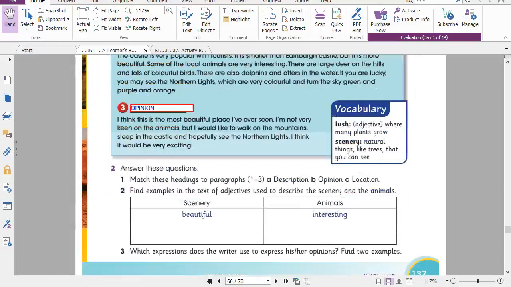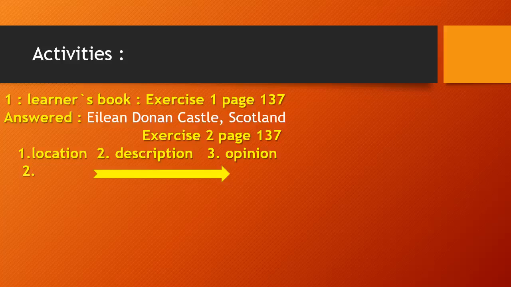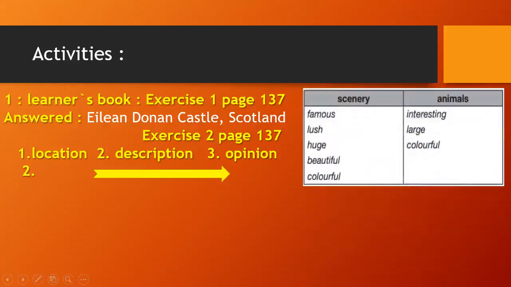Exercise number 2, point number 2. It asks you to mention the adjectives related to the scenery and the adjectives related to animals. Let us go back to the presentation. Here you will find the answer.